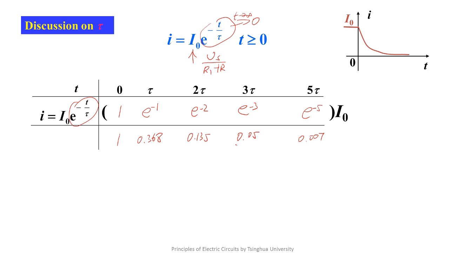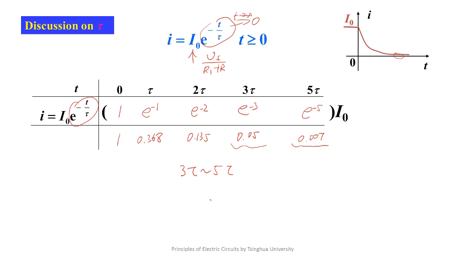But from the viewpoint of engineering, we find when t is greater than or equal to 3 tau, it decays to 5% of the initial value. When t is greater than or equal to 5 tau, it decays to less than 1% of the initial value. So in engineering, we often consider the whole transient process finished after 3 tau to 5 tau.